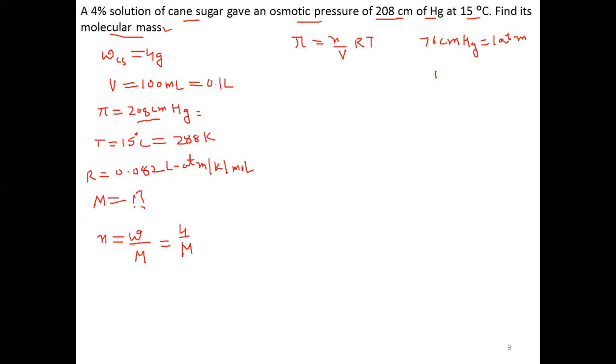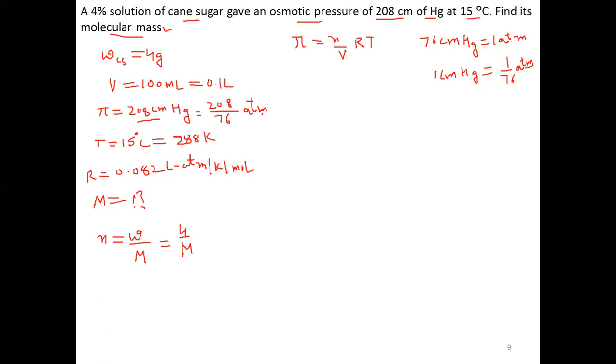From here we can get 1 centimeter Hg, that is 1 by 76 atmosphere. We have to calculate for 208 centimeter Hg, which means 208 divided by 76 atmosphere. So that is how we can convert centimeter of mercury into atmosphere.